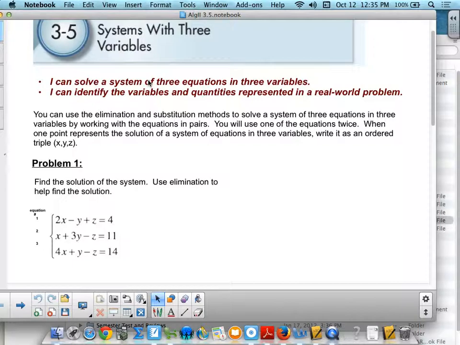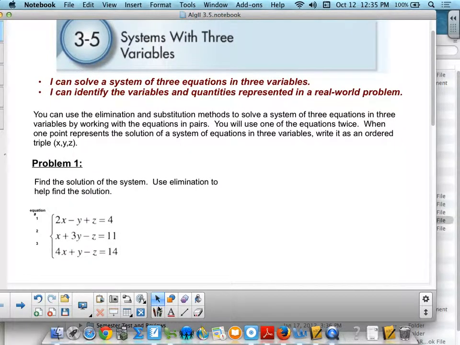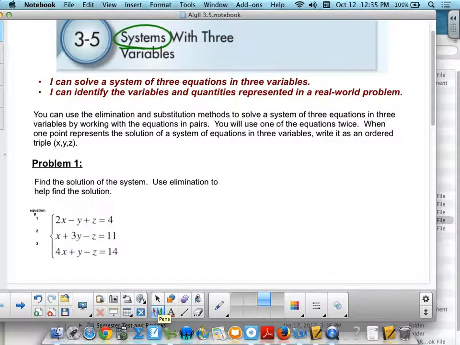We only have one more lesson, and it's right here, 3-5. Okay? All right, so here's what you're doing today. You're going to take a system with 3 variables. So no longer do you have a system like x plus y equals 10 and 2x minus y equals 20.